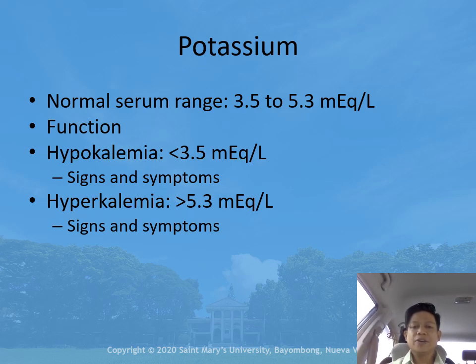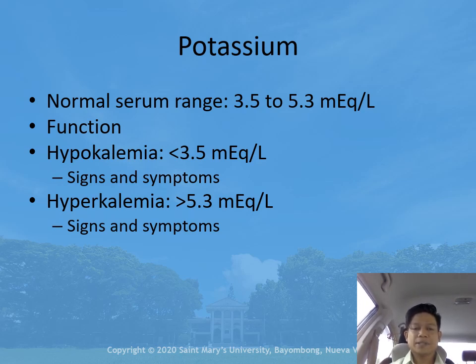If a client with a history of vomiting presents to the emergency department with a serum potassium level of 3 milliequivalent per liter, the client's serum potassium level indicates hypokalemia.